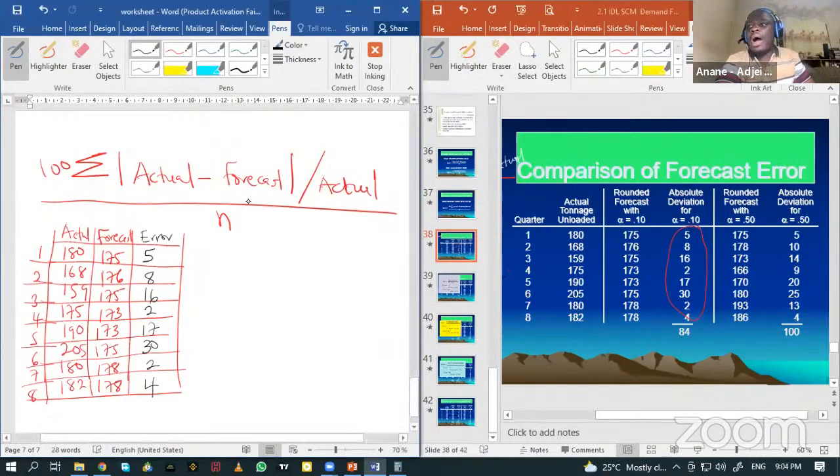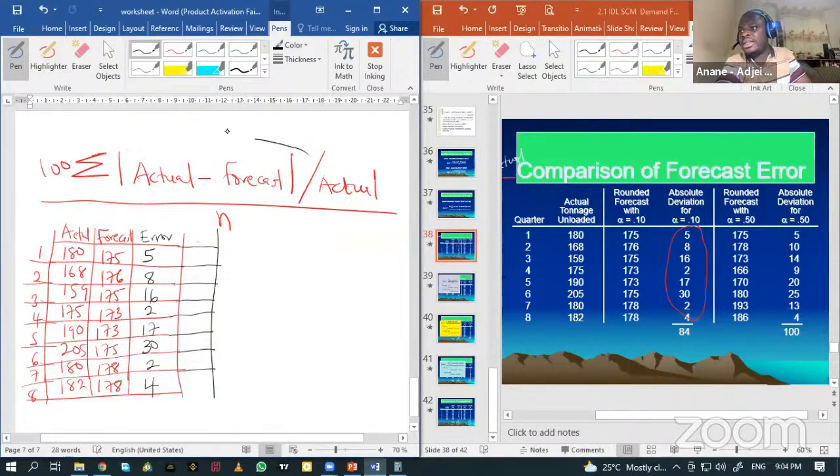So our formula says the actual minus forecast divided by actual. So now what we are going to do is divide our errors.